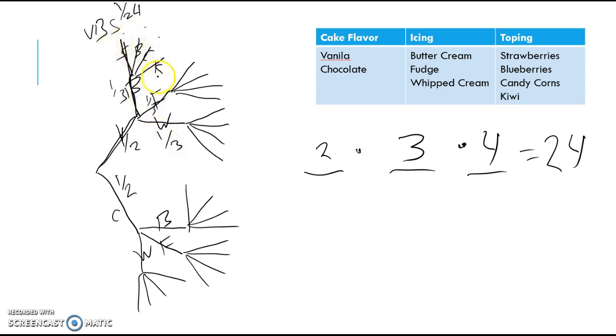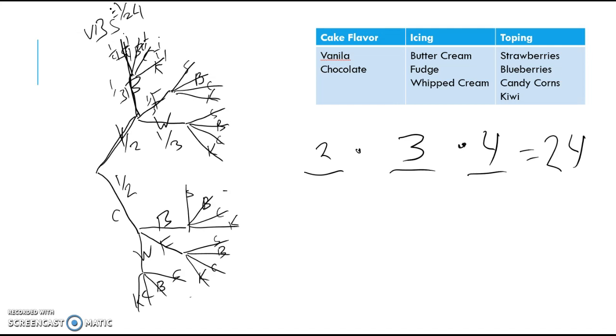And then 1 out of 4 for each of the last branches. And if we multiply those together, following the path, 1/2 times 1/3 times 1/4 does equal our 1/24th probability. So that is a strategy that can be built, and that idea built with this picture.